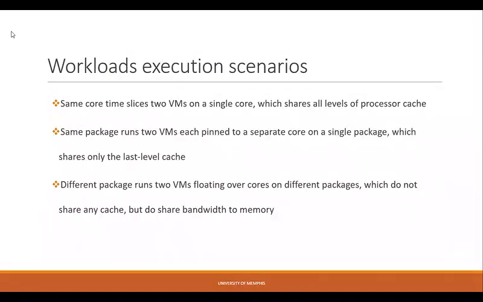So we have 3 different modes. Some cores time slice VMs on a single core, or same package: run 2 VMs each pinned to a separate core but on the same package. Here, if you have 2 sockets on your motherboard, you can run each virtual machine on a different socket.